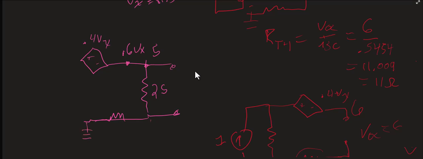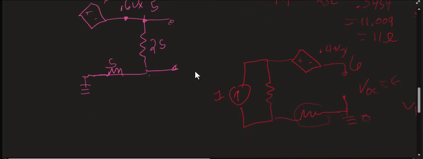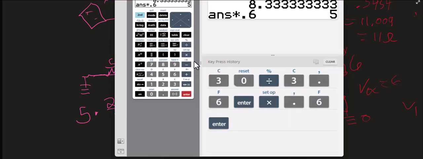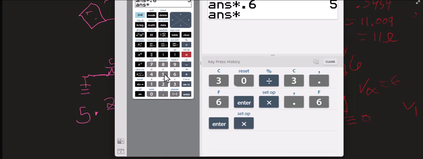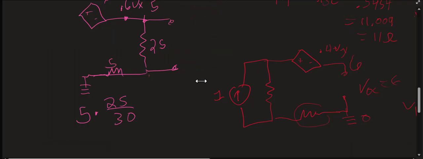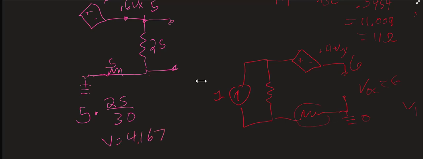And so our voltage, this was 5, our voltage across the 25 ohm resistor will be, by voltage division, 5 times 25 over 30, which is 4.167. And that is V open circuit.